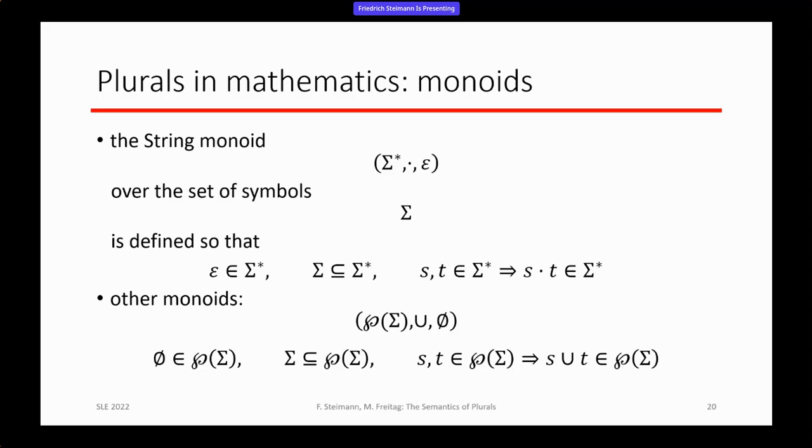You just have flat sets with elements from sigma, and the empty set is among them, and every element of the power set of sigma is also a set, and it's an element of the power set. And again, if I take two sets and join them using the union operator, I get another set of the same kind. This is basically how we construct plurals in language using AND.